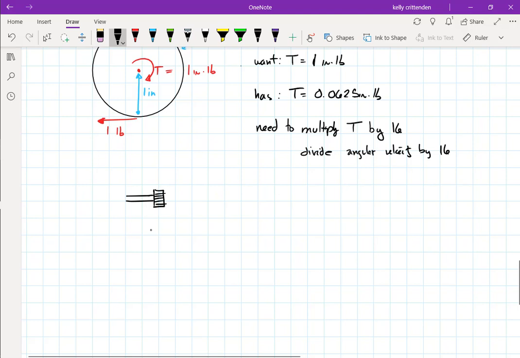We're going to take our input, let's do it in red. Our input is 0.0625 inch-pounds in and 10,000 RPM in, and we're going to run it into, this is my little way of drawing a gear.